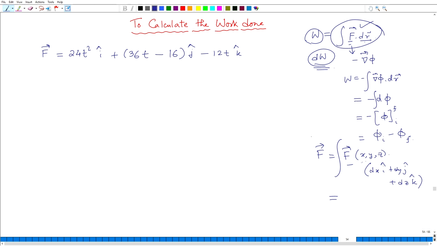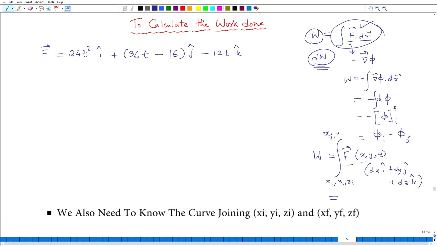So, if I write this as the work done, then I should be able to calculate this from (x_i, y_i, z_i) to (x_f, y_f, z_f).